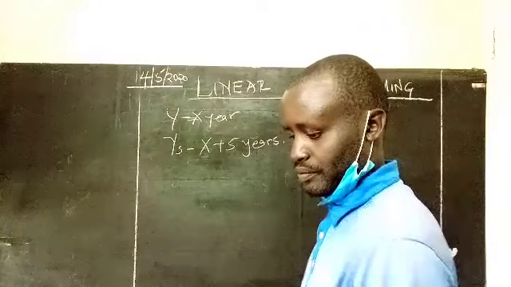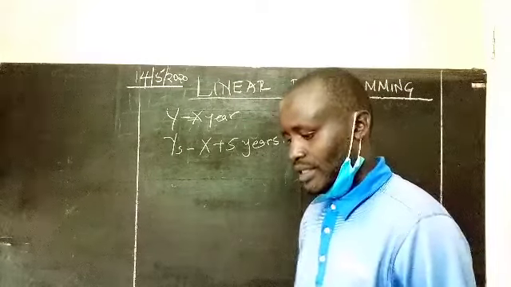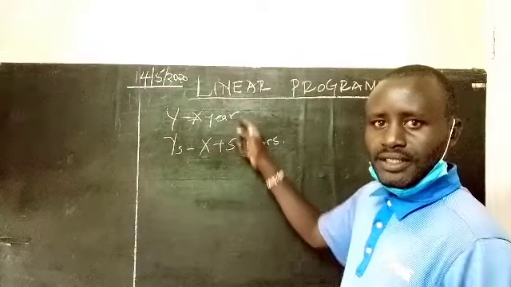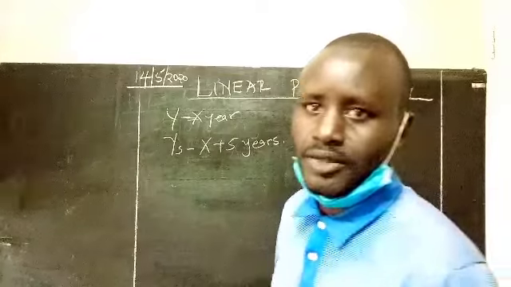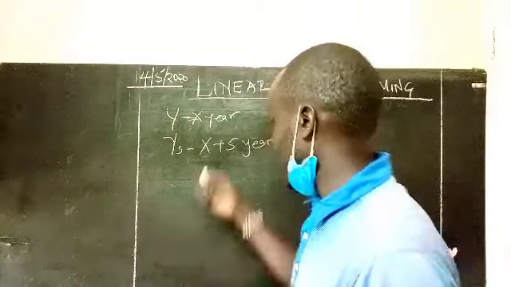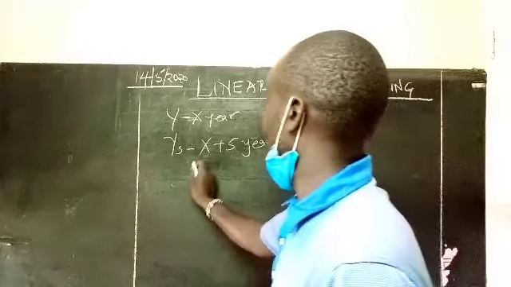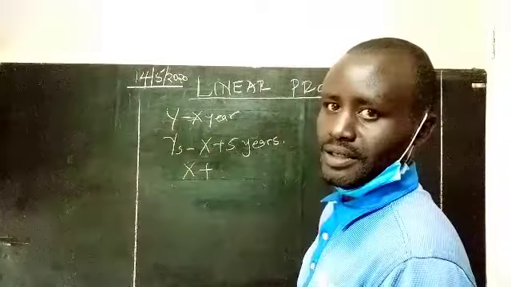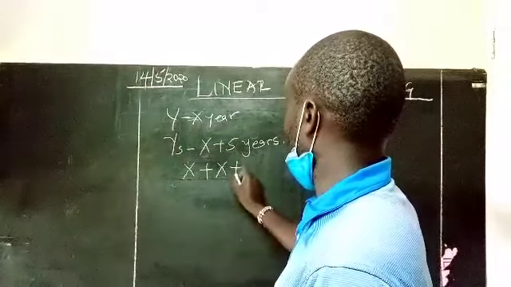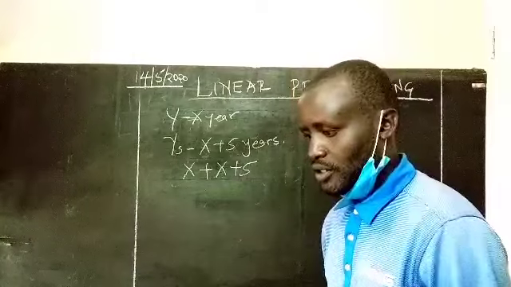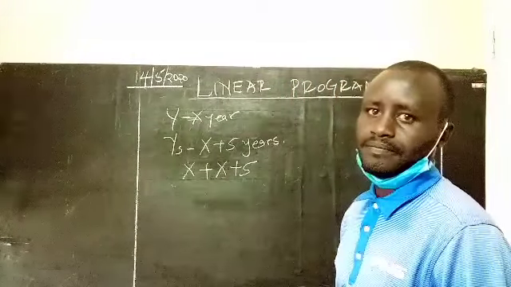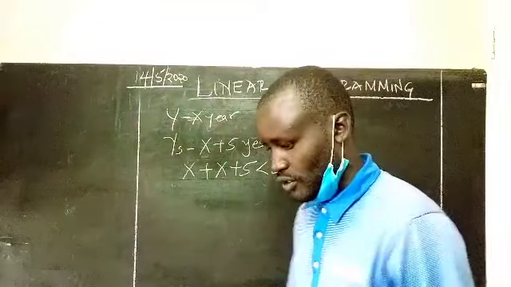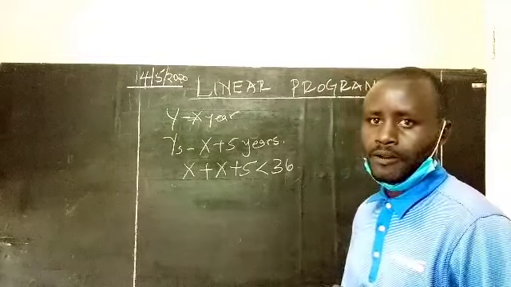So the sum of the ages is less than 36. When we add Yona's age and Yona's sister's age, their sum is going to give us less than 36 years. So the sum of the 2 is going to be x, Yona's age, plus x plus 5, Yona's sister's age, which is going to give us less than 36 years.